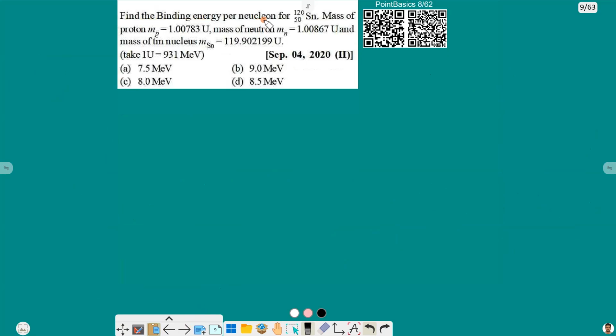Find the binding energy per nucleon of tin-120 (50Sn120). Mass of proton is given, mass of neutron is given, and mass of the tin nucleus is also given to us. So binding energy per nucleon can be calculated.